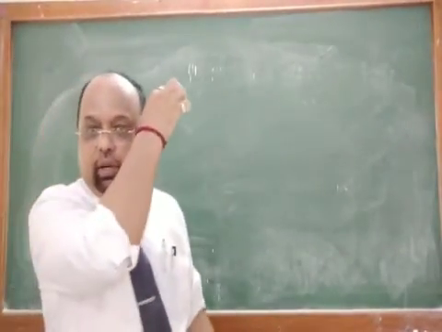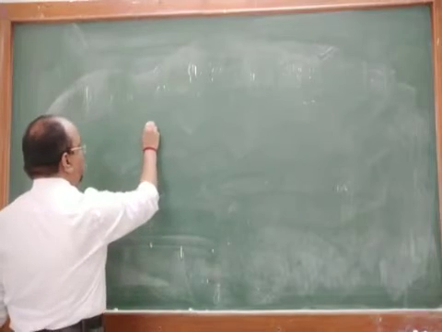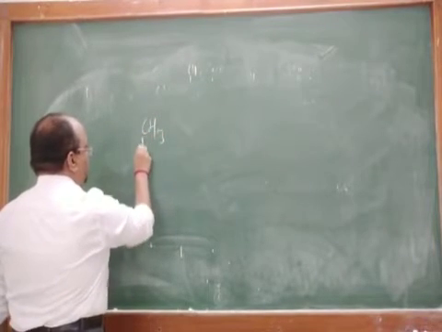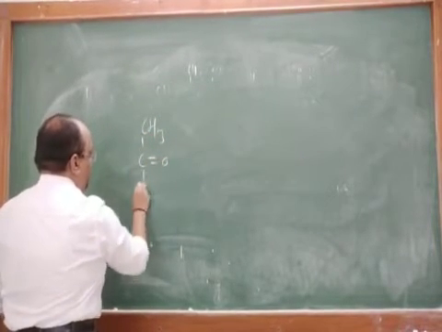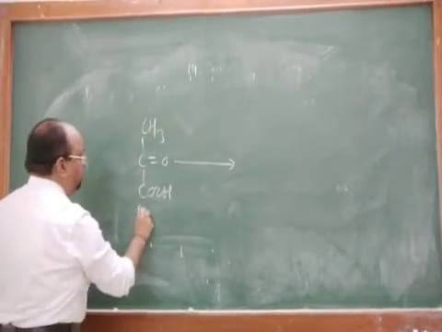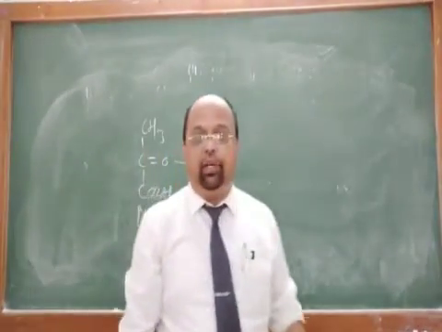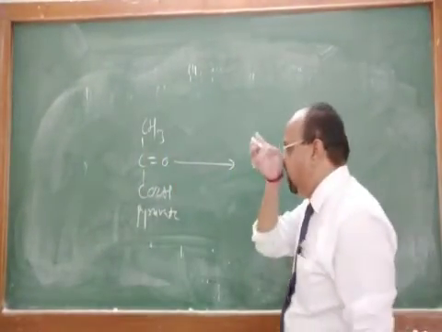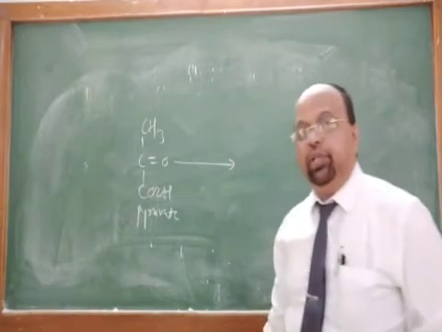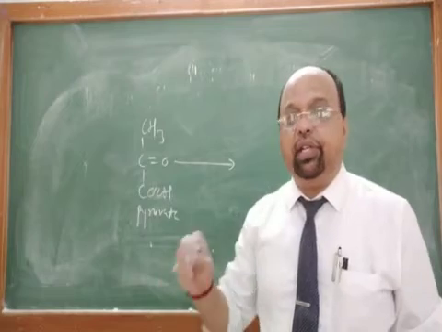It is involved in various reactions, the common reaction being the conversion of pyruvate, CH3-C double bond O-COOH. All of you know that pyruvate is the end product of glycolysis. When it enters the TCA cycle through one intermediate, that intermediate is called acetyl-CoA.